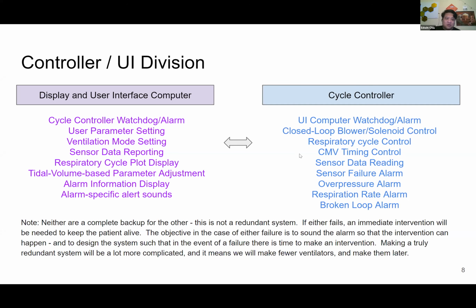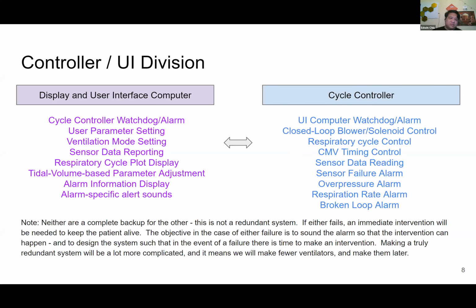Each of these controllers will have their own ability to raise alarms, flash lights, or make sounds. But the more complicated information alerts will have to happen on the user interface computer. And at the very basic level, if either of these fails, we want the other computer to be able to raise an alarm so that an intervention can be taken.